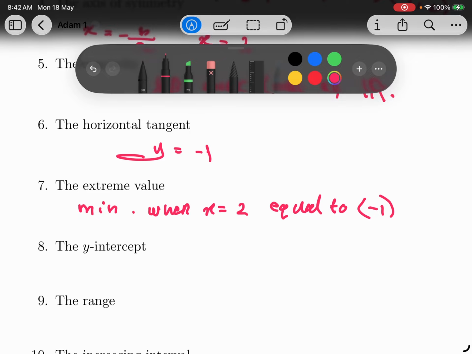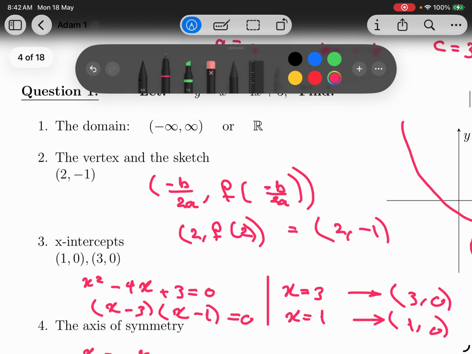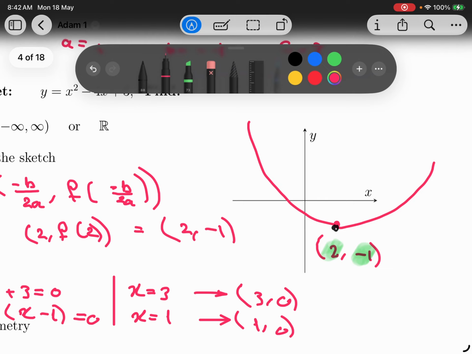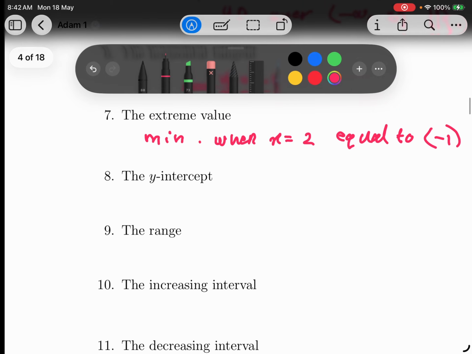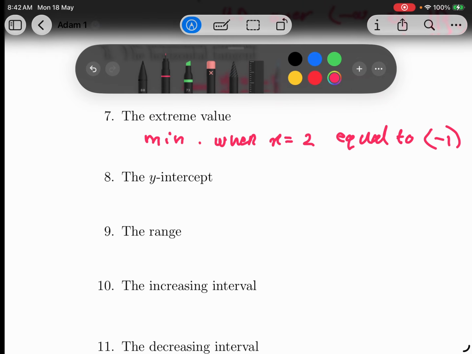It occurs when x equals 2, or at 2, and it equals to -1. So see how this vertex is really super important, okay? Because at this vertex we have the minimum value ever for this parabola.